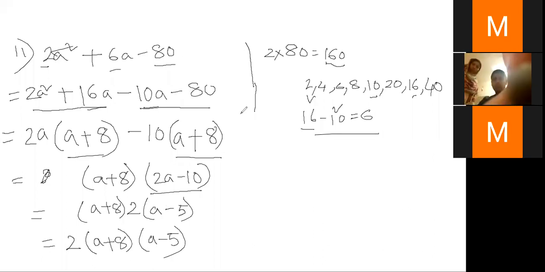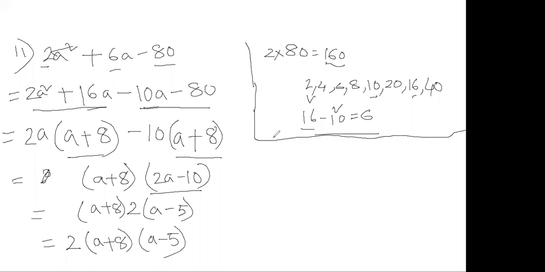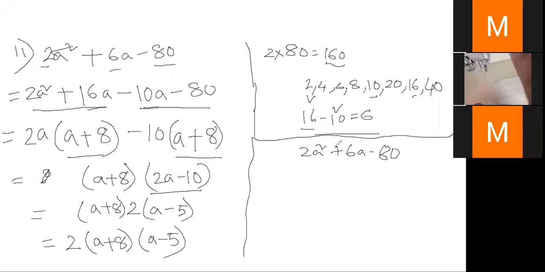The other way which we could do is, let's say 2a square plus 6a minus 80, right? We could have just taken 2 common at the beginning itself, because 2a square is divisible by 2, 6a is also divisible by 2, 80 is divisible by 2. So before even starting middle term factor, we could take 2 as common.